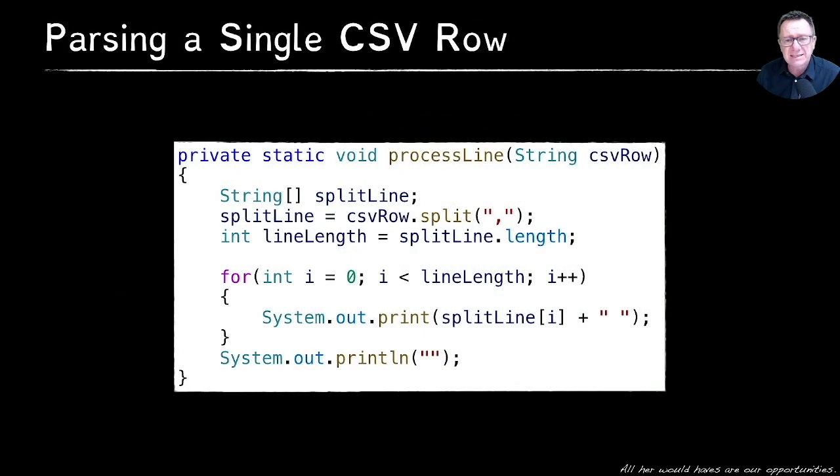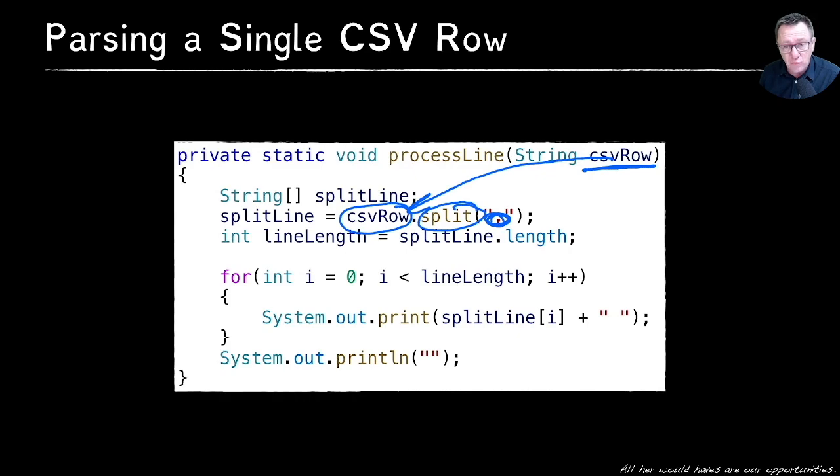So, parsing a single row. We get a single row from our CSV file, it comes in. String split line, we've called it. Split line is going to be CSV row, which is a string. We call the method split and we tell it to split on the comma. That's it.